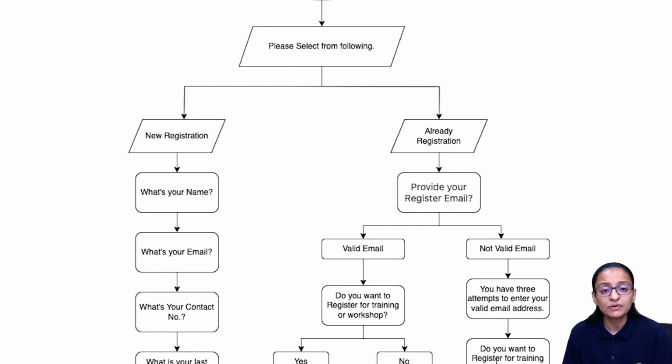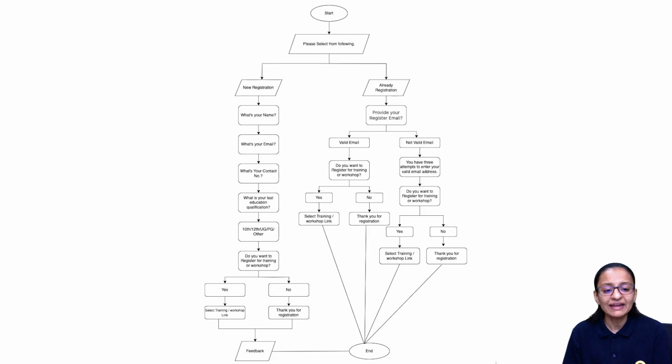If the student says they are already registered but their email ID is not registered, then we will tell them to register first and then come back to the already registered section. At the end, after the registration process for training and workshop, we will end the process by taking feedback.